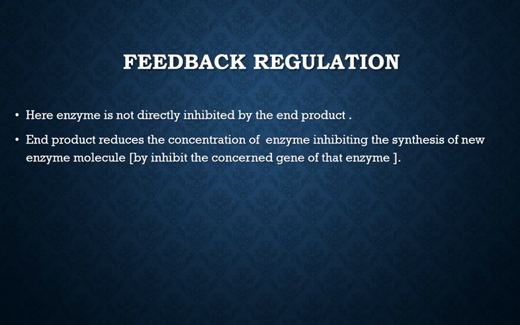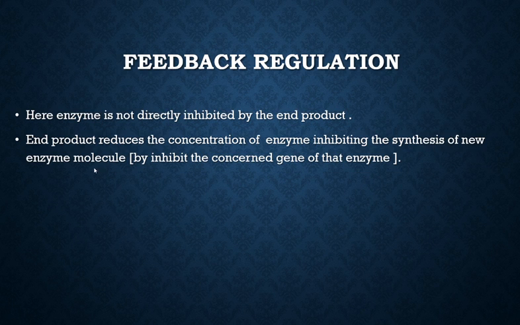next we move to feedback regulation. Here, the enzyme is not directly inhibited by the end product. It's very interesting, as the end product does not directly inhibit the enzyme. The end product reduces the concentration of the enzyme, inhibiting the synthesis of new enzyme molecules.